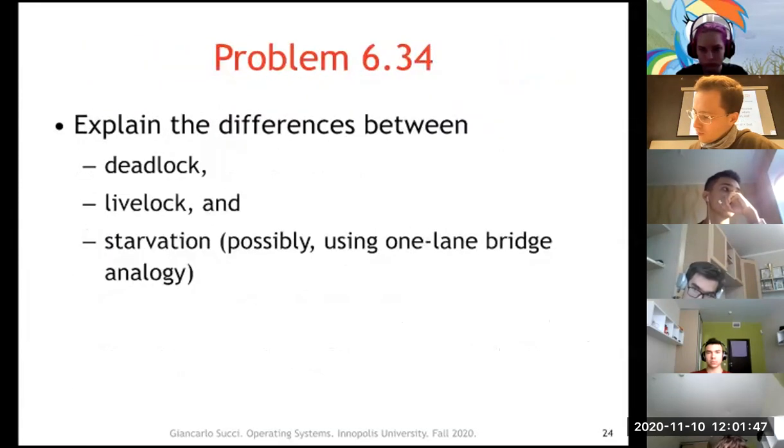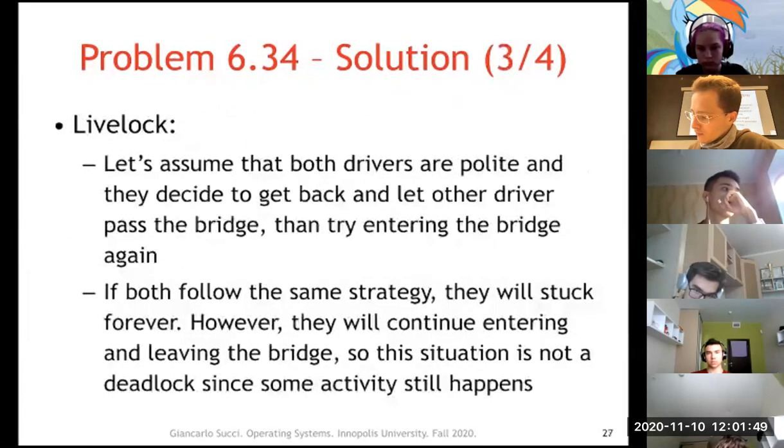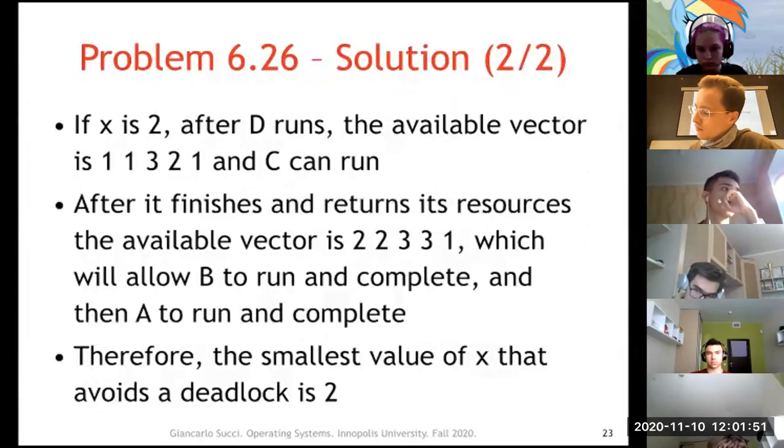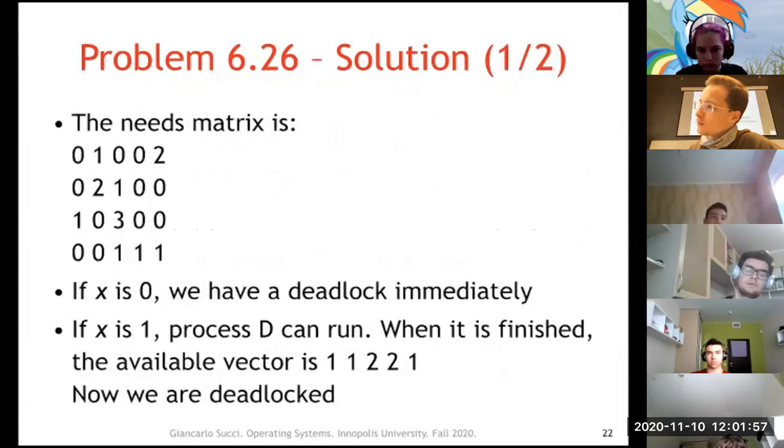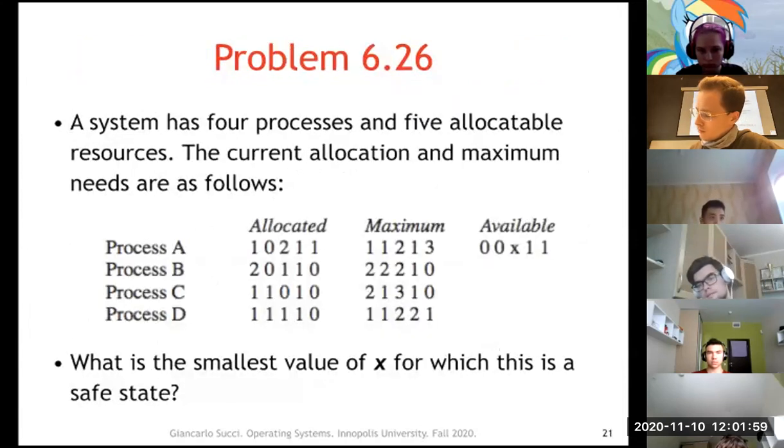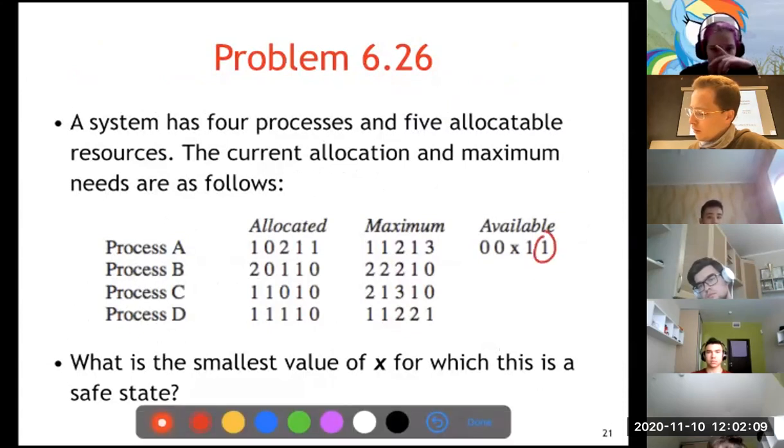Can you go back to this problem again? So in the system, we have only 2 resources of type 5. No, we have 1 available, 1 here and 1 here.